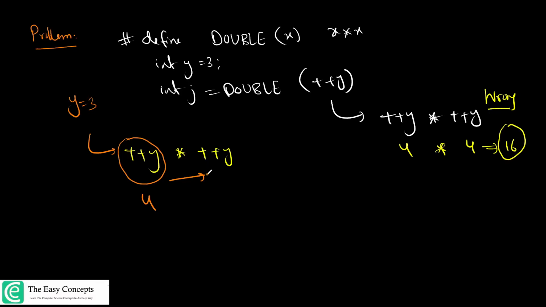Now moving ahead, y is already 4, so it makes it 5, and the answer is 4 cross 5, 20.